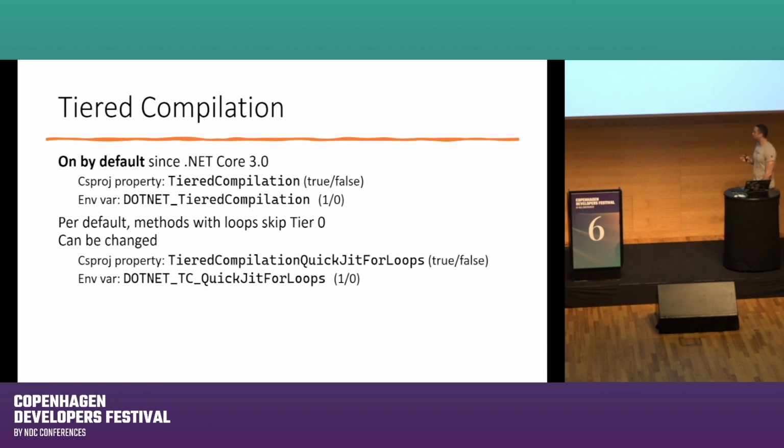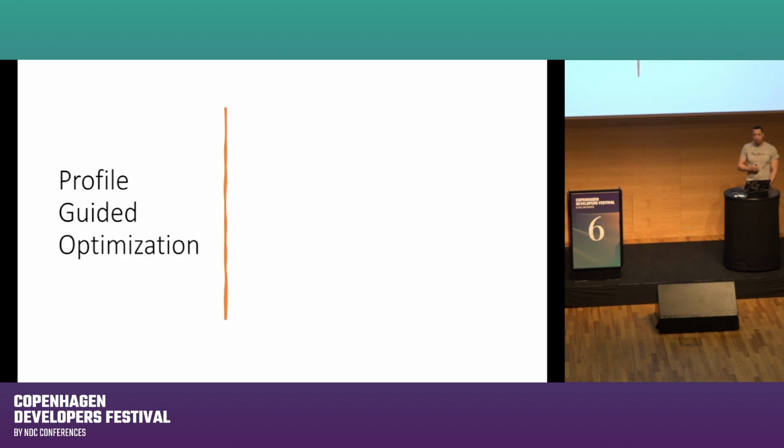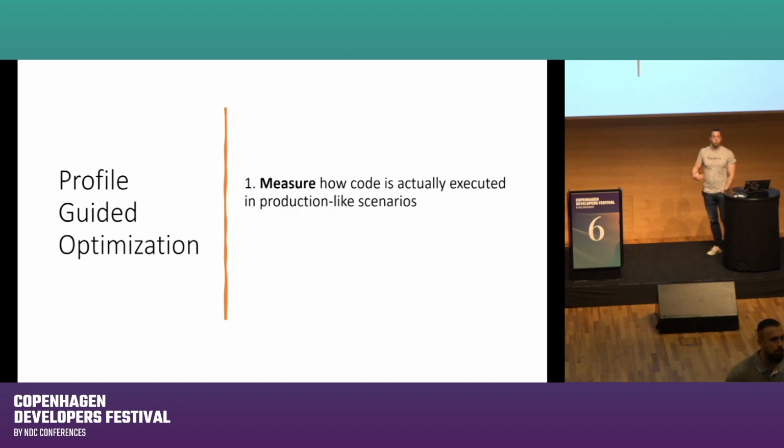Also, it tries to look into methods that have loops, because loops are very inefficient. So it says, okay, it has a loop, I should maybe spend more time with that. However, in .NET 6 and later, they actually improved on that. And that goes into a concept called profile-guided optimization. The idea is you deploy an application and then you measure how it actually runs.